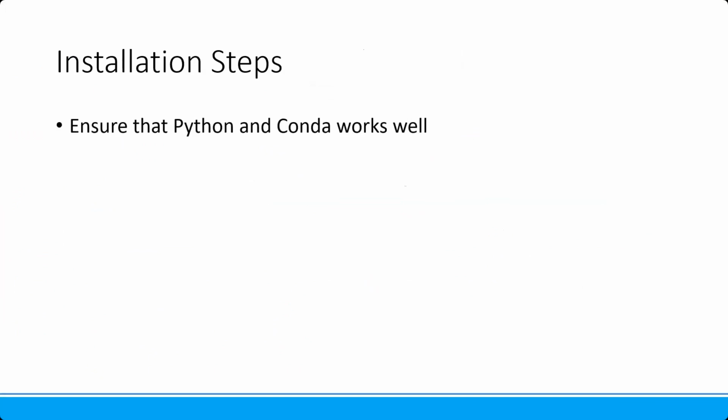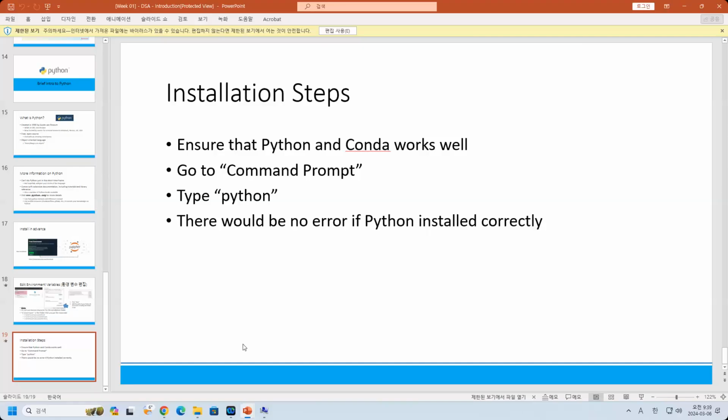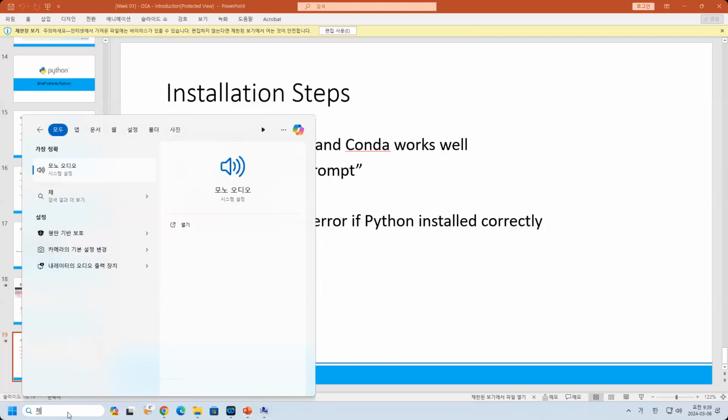If you have already installed Python, make sure that Python and Conda work well. The way to check is to go to the command prompt and type python. There will be no error if Python is installed correctly. Let's see, you can go to the command prompt.